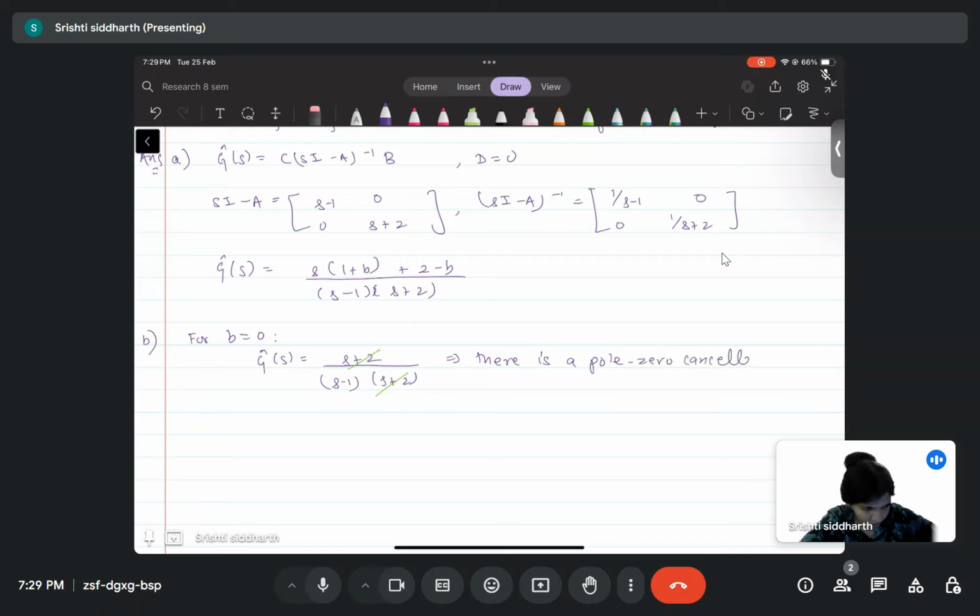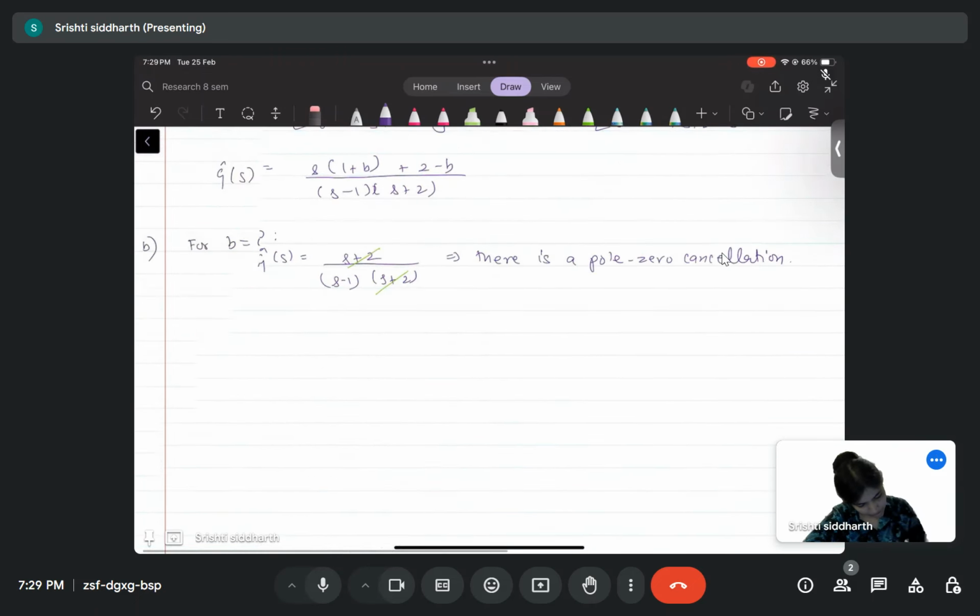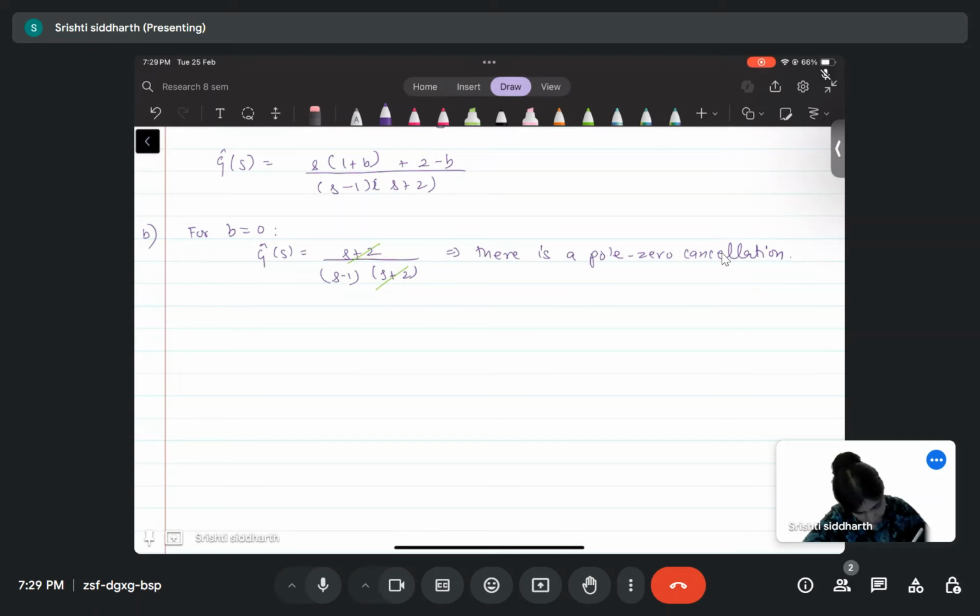Now let's see how does this lead to loss of controllability of the system. So we already know the matrices A and B. So for b equals 0, we have to figure out what the controllability matrix is. It is 0, 0, minus 2, 1, 0, 0.